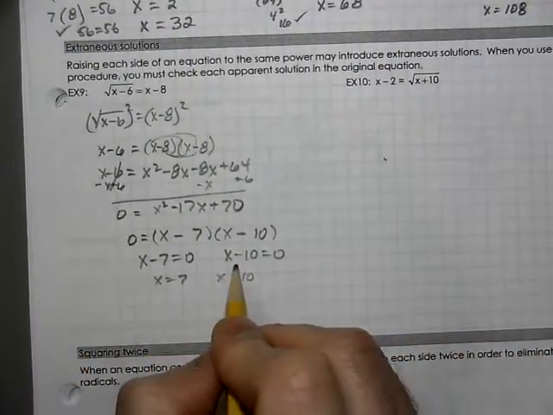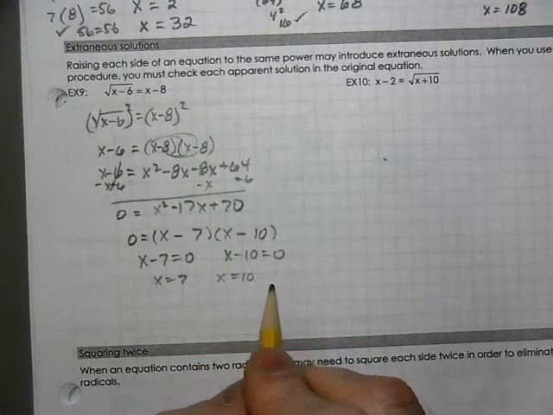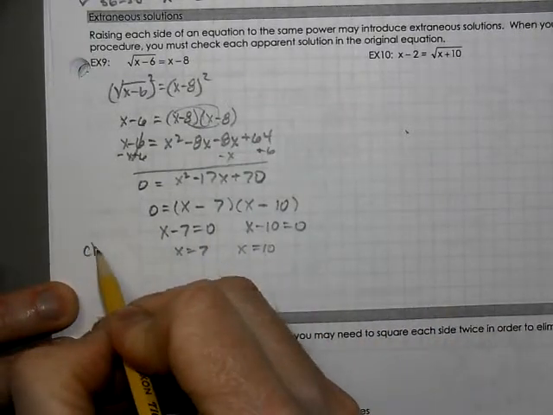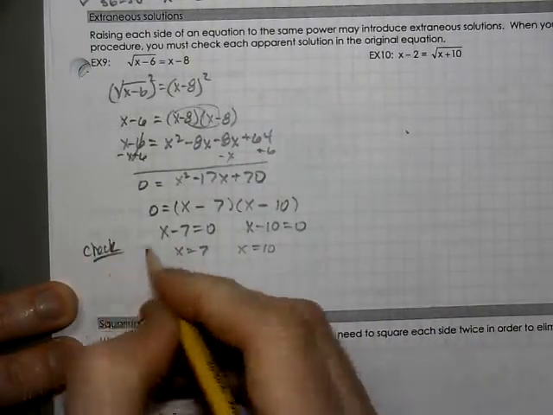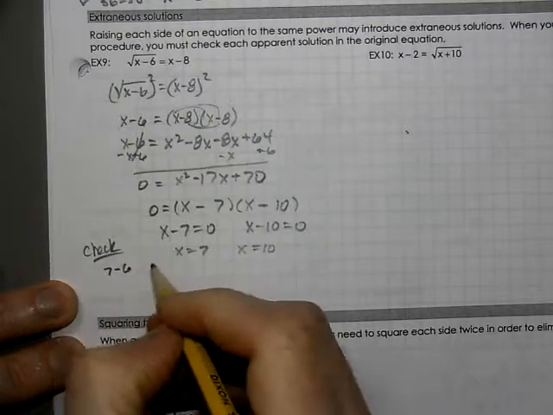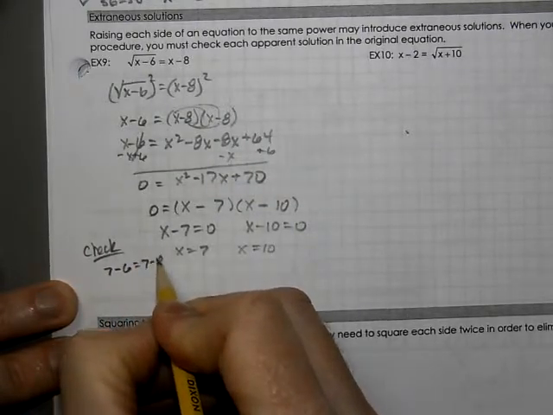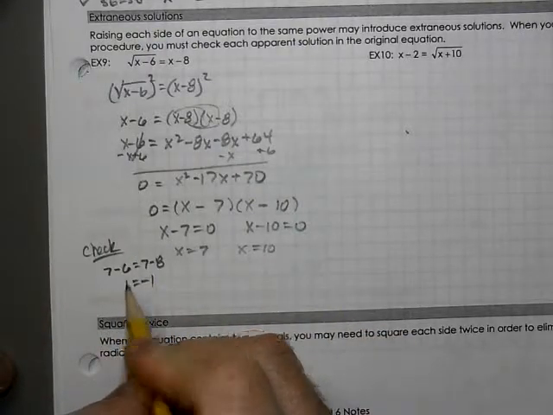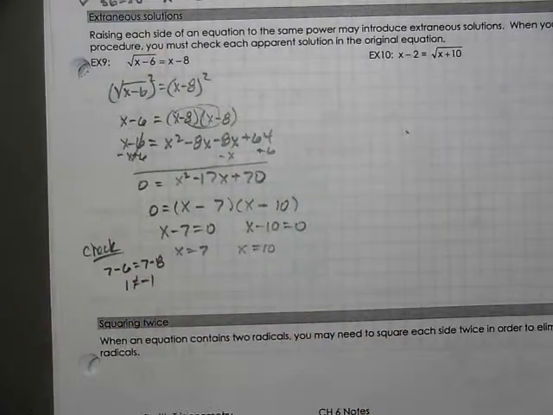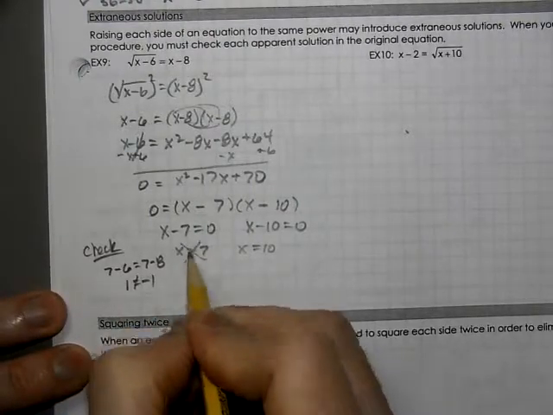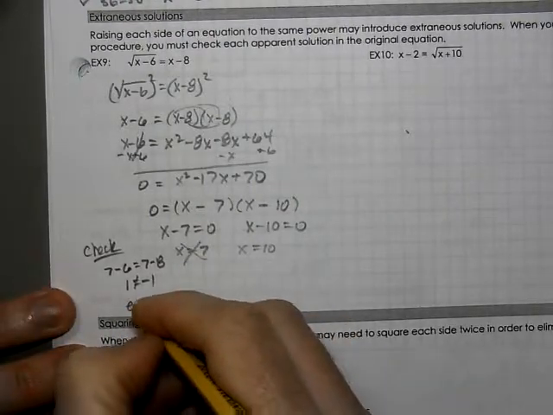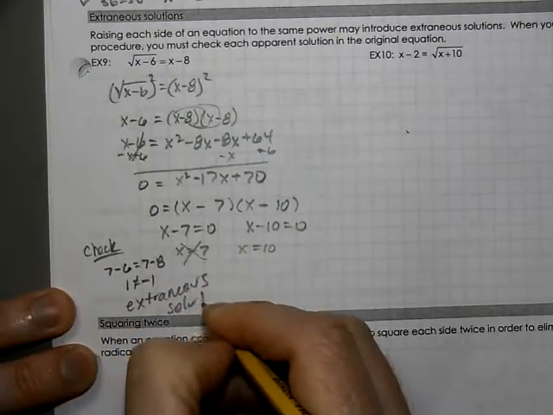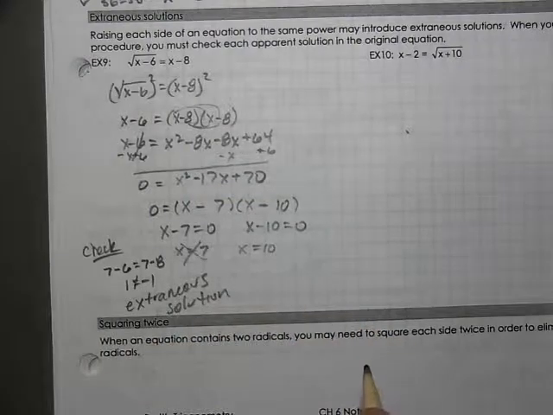So we have two answers. We've got to see which one is accurate and which one may not be. So let's check this guy. We're going to say 7 minus 6 equals 7 minus 8. 1 equals negative 1, and that's not true. That does not equal each other. So I'm pretty sure that this should be an extraneous solution.